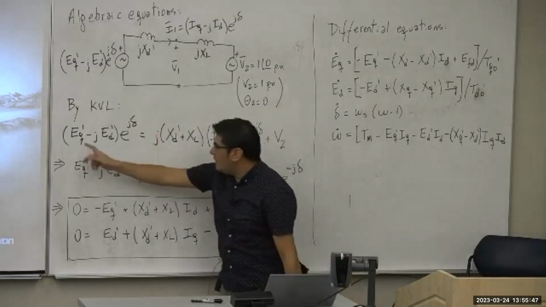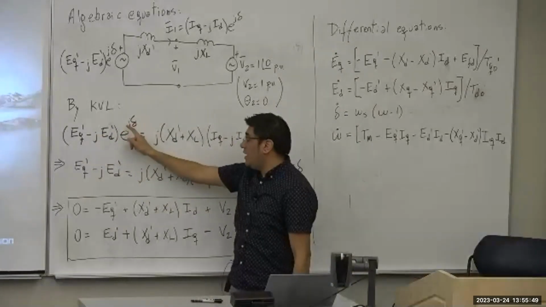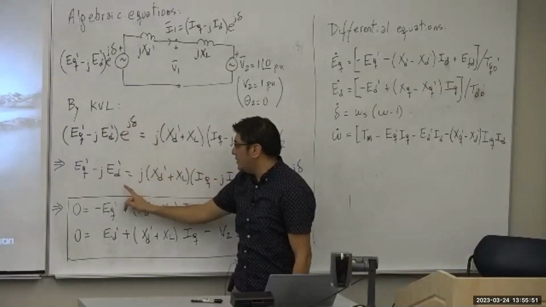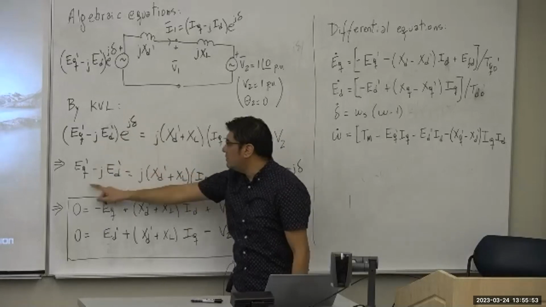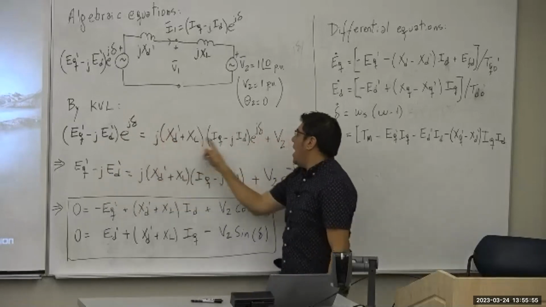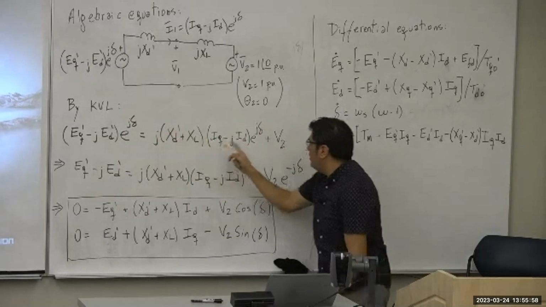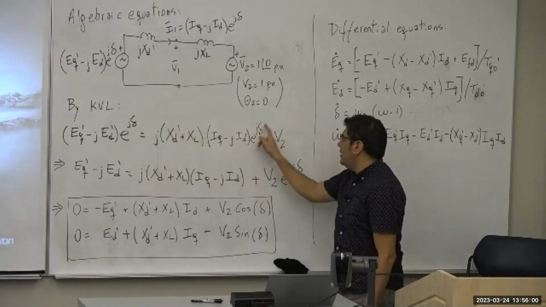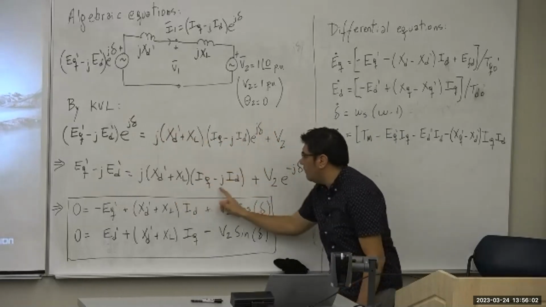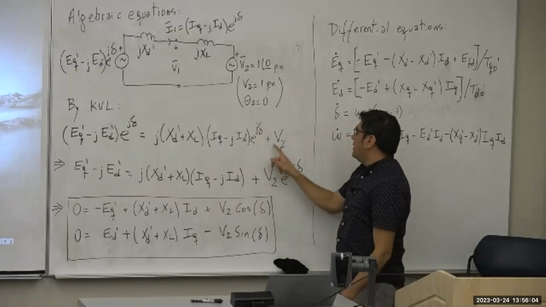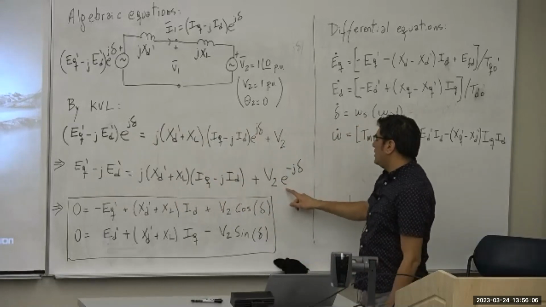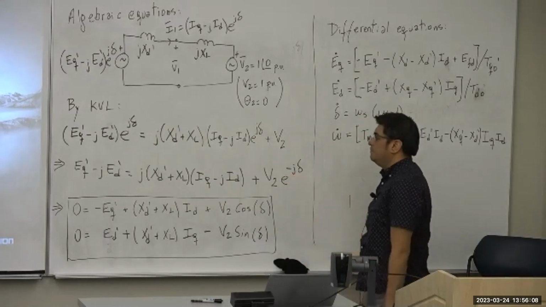By doing that, exponential of negative j delta multiplied by this gets canceled. As you can see here, that term disappears from there. And when we multiply exponential of negative j delta by this, it gets canceled as well. And then you have these 2 terms. But this term is now multiplied by exponential of negative j delta.